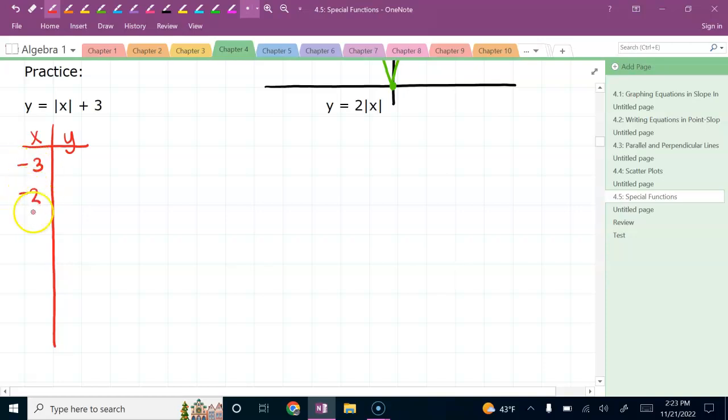Alright, so for this first one, here are my points that I picked. And then here's my numbers. 6, 5, 4, 3, 4, 5, 6.